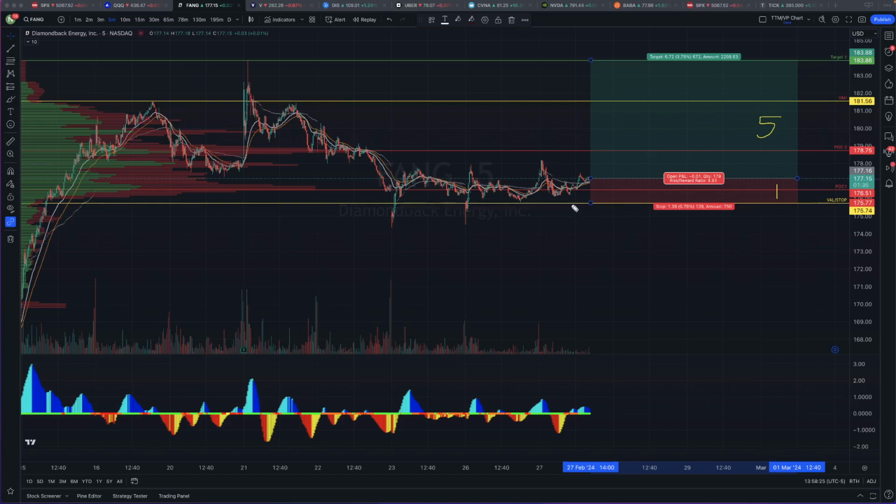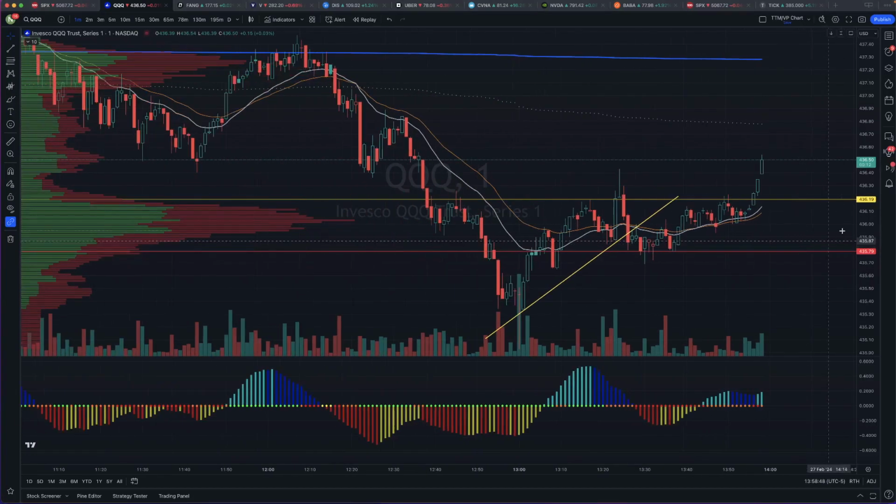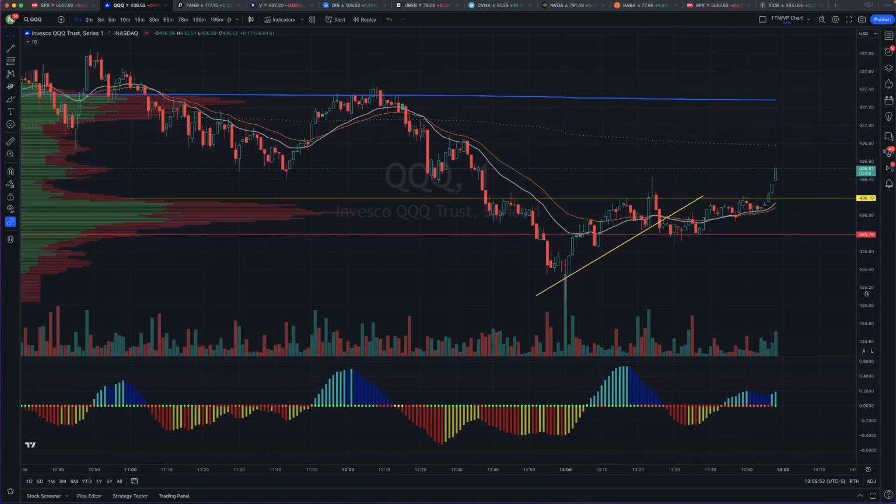My stop would be on a close on the 1-hour chart, right? Because we're going to play this on a 1 hour. A candle close below 175.73. Hang on a minute. We're breaking up there on the cues. So just want to make sure that my stop was triggered as that started to form.